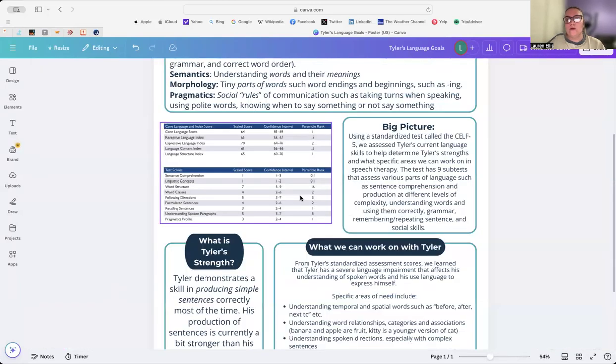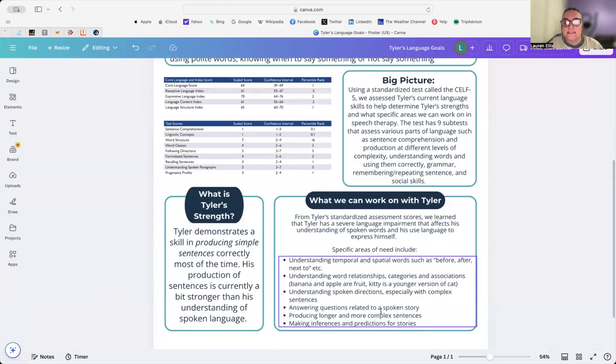Well, we identified some more specific struggles of Tyler's from this assessment, and we plan to do more assessing in each of these areas to really help us know what we can do to help Tyler, because this is just a standardized assessment.